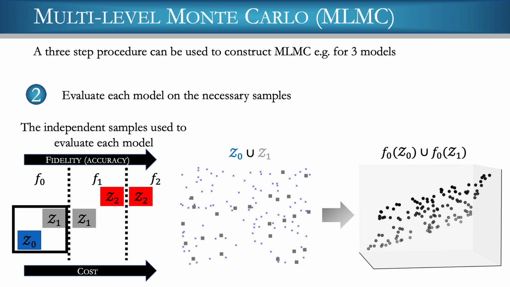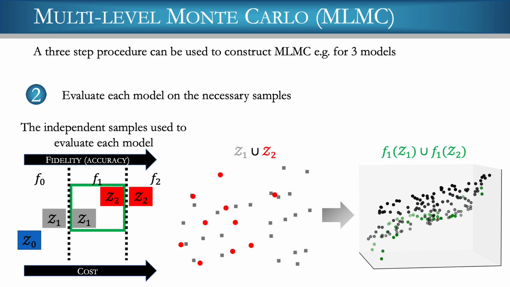Step 2 evaluates all the models on the correct set of samples. The independence of sets is depicted by the bottom left figure. Different rows and colors represent different independent sets. The sets used to evaluate each model are listed in each column. For example, the lowest fidelity model F0 is evaluated at the sets Z0 and Z1. An example of such sets is shown in the middle figure. The model F0 is evaluated at all the samples in these two sets, yielding the evaluations shown in black in the far right figure.